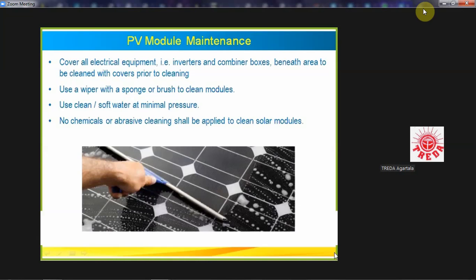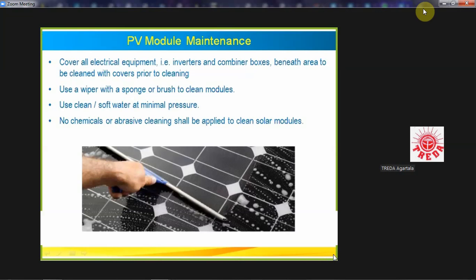It is written here: cover all electric equipment, that is inverters and the combiner boxes, beneath the area to be cleaned. Use a sweeper with a sponge or brush to clean the module. We cannot use any hard cloth or hard brush for cleaning the module, as it will scratch and the module may be damaged. These are things we have to take care of.